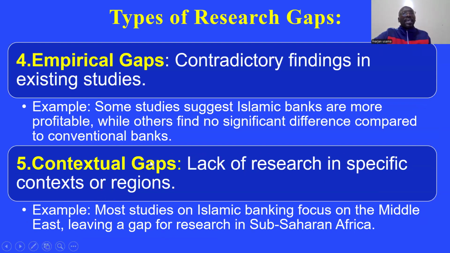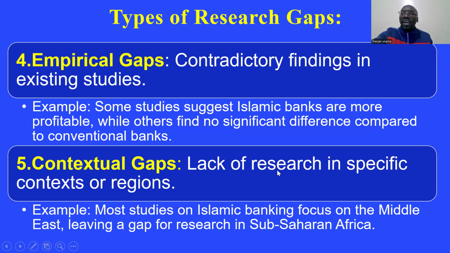Empirical gaps. Empirical gaps means contradictory findings in existing studies. Sometimes you find it is the same topic, but some researchers find a positive effect and some researchers find a negative effect. So there is some contradiction, and you want to know why this contradiction is happening. Then contextual gap: there is a lack of research in a specific context or region.